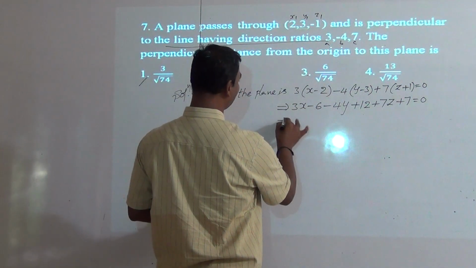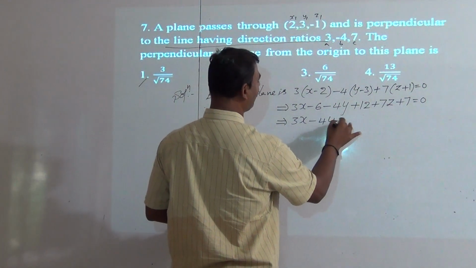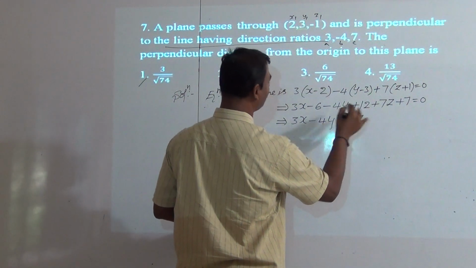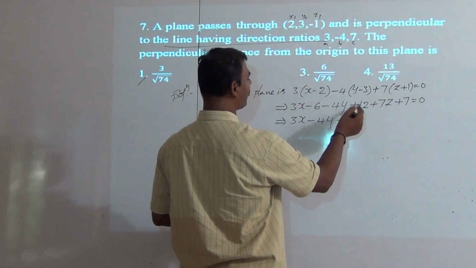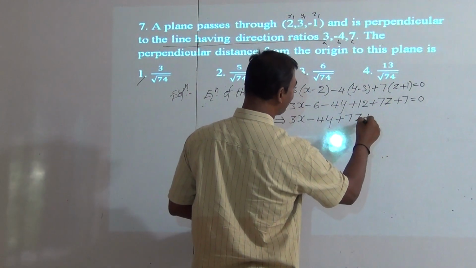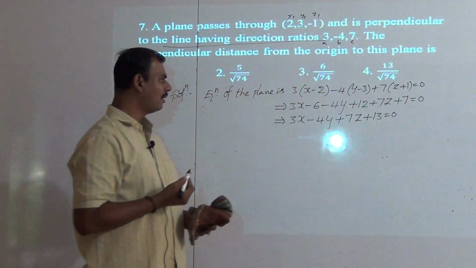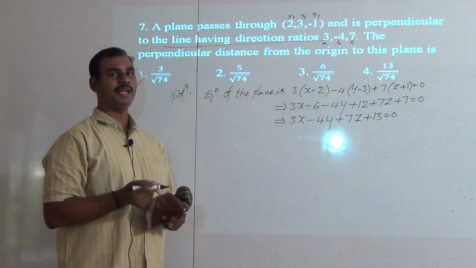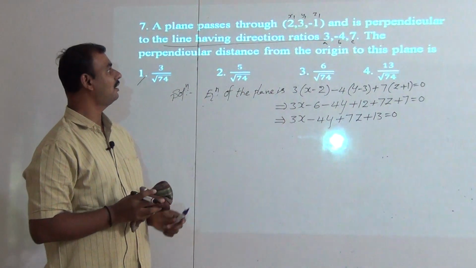Further simplifying, 3x minus 4y plus 7z, and the constants minus 6 plus 12 plus 7 give plus 13, equals 0. I got the equation of the plane passing through the point with the given direction ratios.